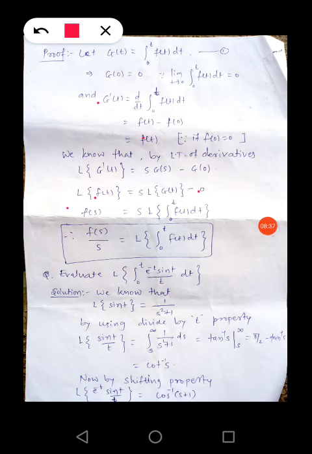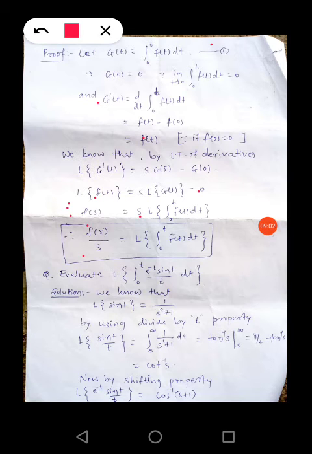So F of s is nothing but Laplace of f of t, and it equals s into Laplace of g of t. g of t is nothing but, from equation 1, the integral 0 to t f of t dt. So this proves that Laplace of integral 0 to t f of t dt is nothing but F of s divided by s. I have transferred this s to the left-hand side, so that I can write F of s divided by s is equal to Laplace of integral 0 to t f of t dt.